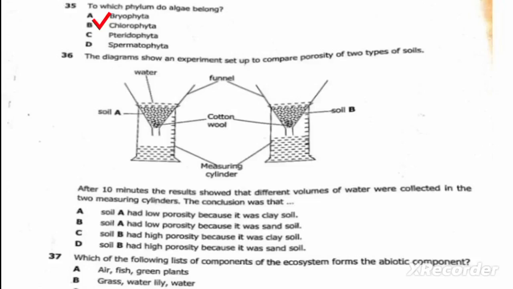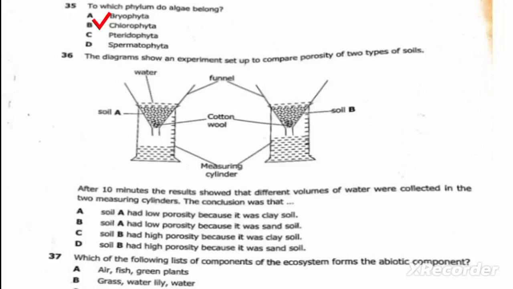The conclusion was that A had low porosity because it was clay soil. B had low porosity because it was sand soil. C, B had high porosity because it was clay soil. D, B had high porosity because it was sand soil.